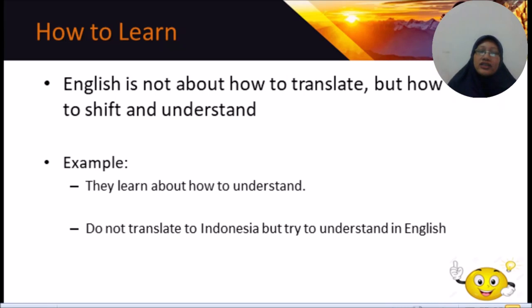Okay, usually non-native speakers, when they try to speak English and listen to other people speak English, try to translate every word from the other people they speak with. It can make our speaking a little bit slow because we think about the meaning.